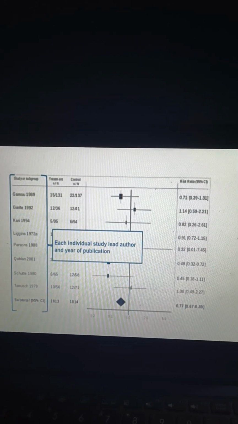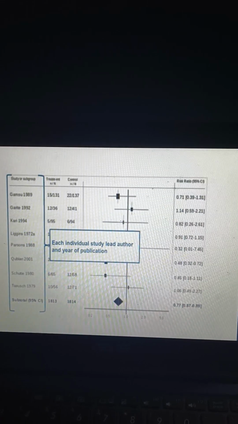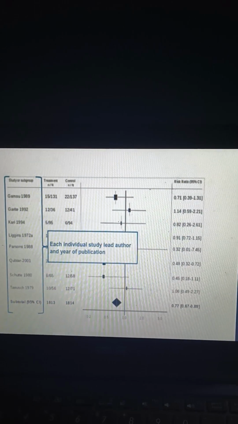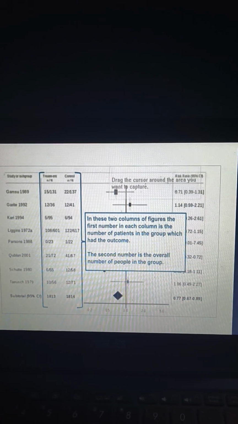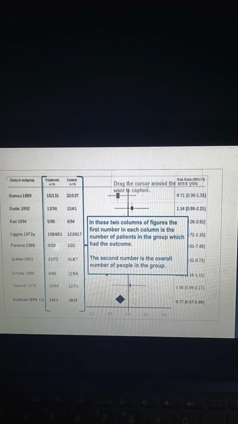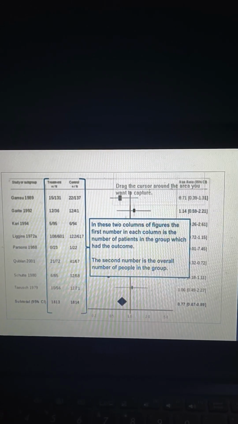The square is the sample size, and the diamond is the overall subtotal study sample size. In these two columns of figures, the first number in each column is the number of patients in the group which had the outcome, and the second number is the overall number of people in the group.